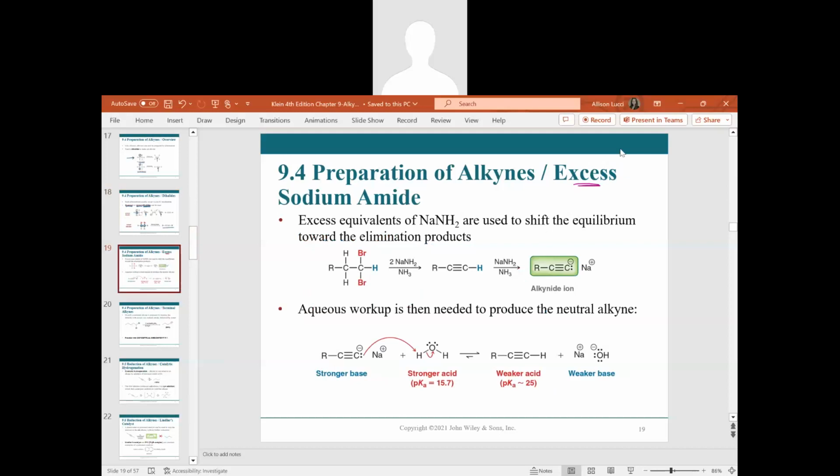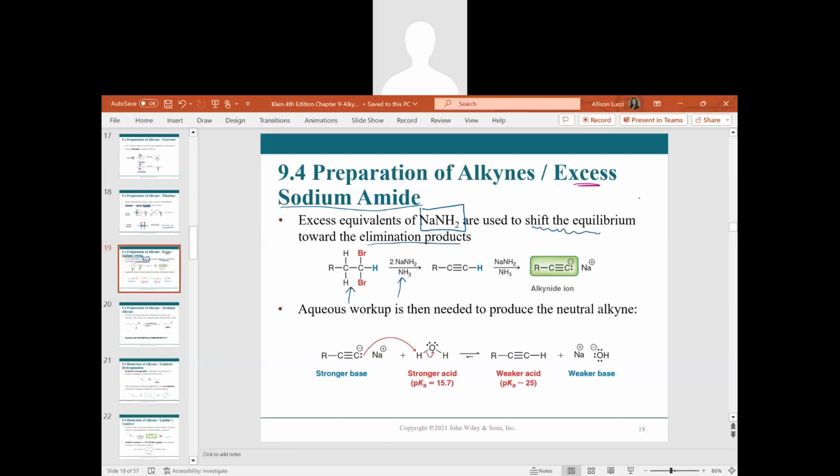So we're going to take a look at how we prepare this in more detail here. We're going to use excess sodium amide, and that's what this is right here, NaNH2. We're going to use a reaction that's in equilibrium, and we're going to shift the equilibrium towards our elimination product. So we have here our dihalide, we have our sodium amide in our ammonia solvent.